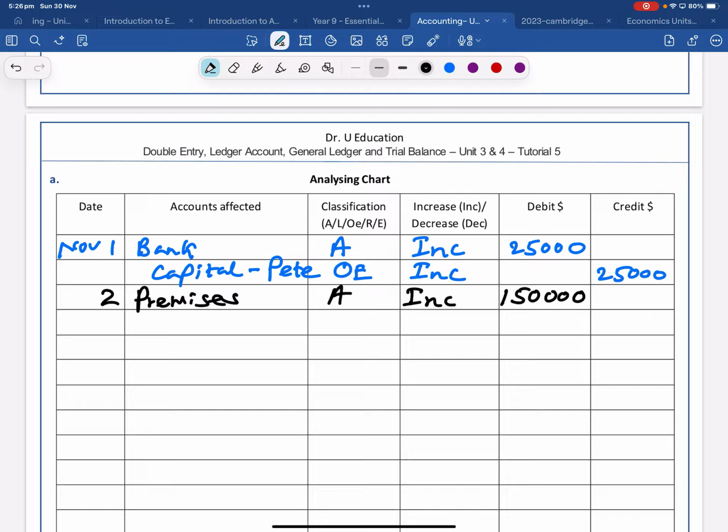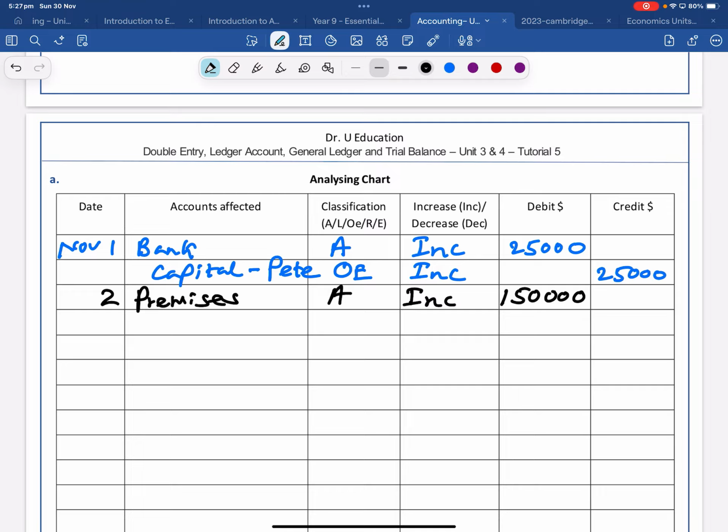No GST, only stamp duty. When we purchase land also we have to pay stamp duty.